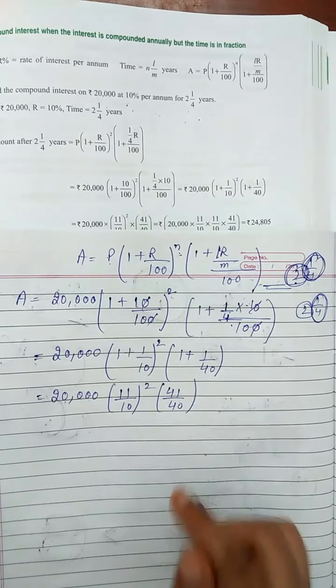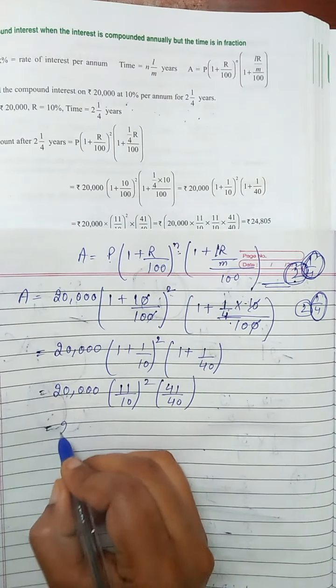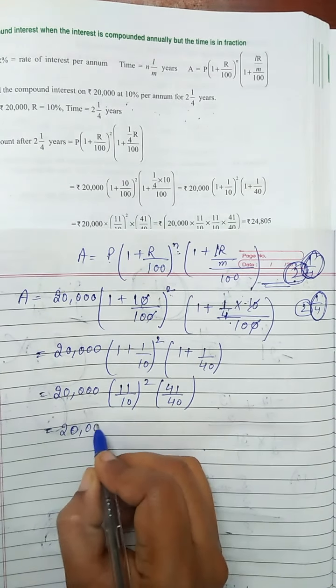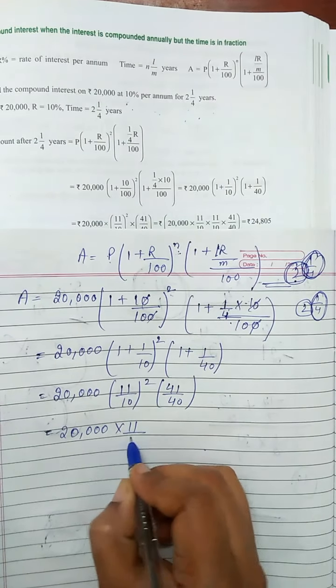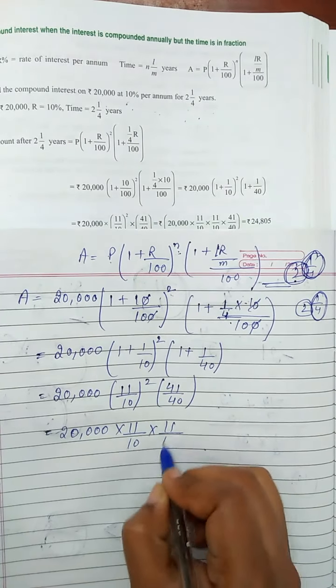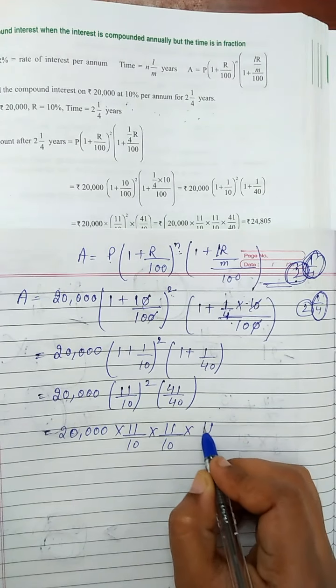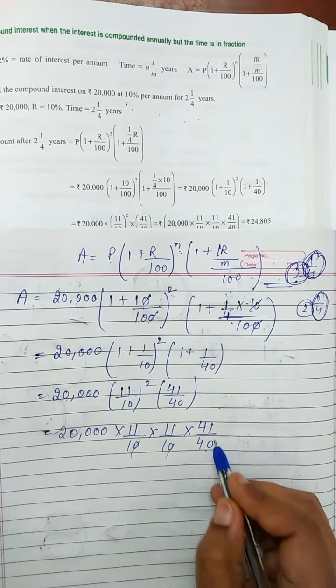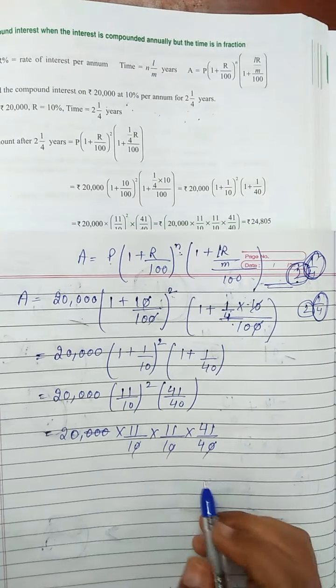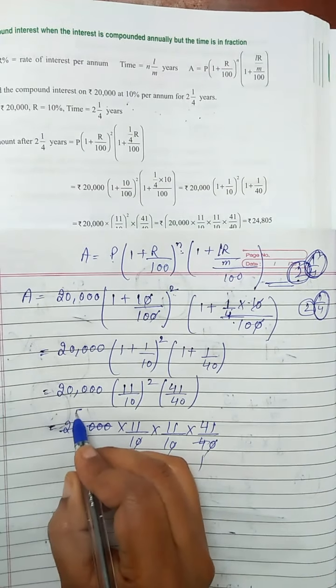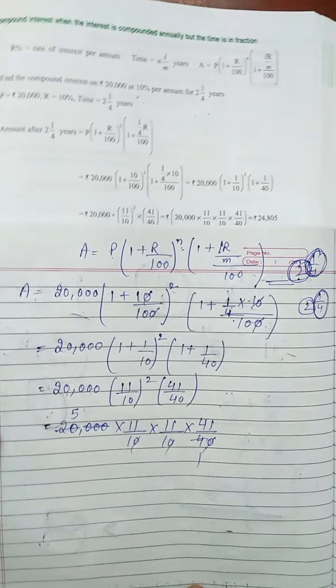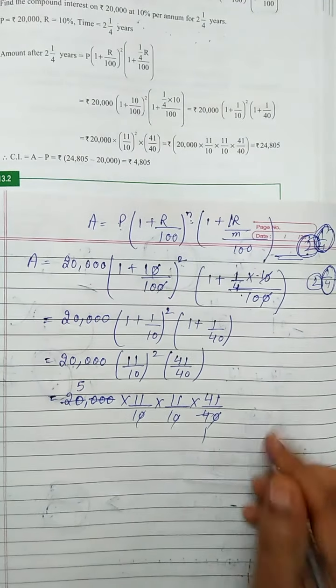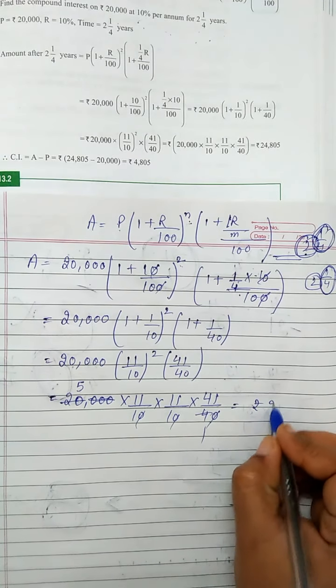Okay, so now we calculate it. 20,000 multiplied by 11/10 multiplied by 11/10 multiplied by 41/40. So 3 zeros cancel with this and 4 5s are 20.